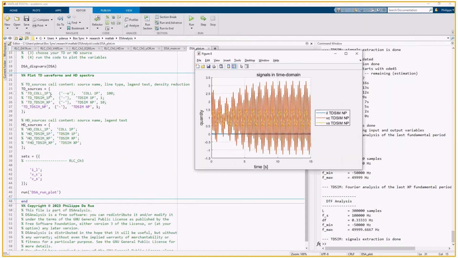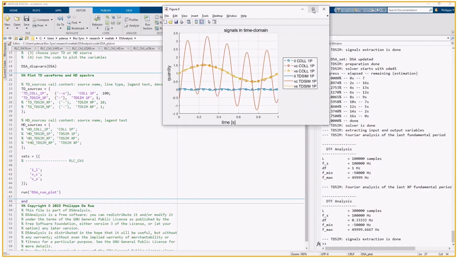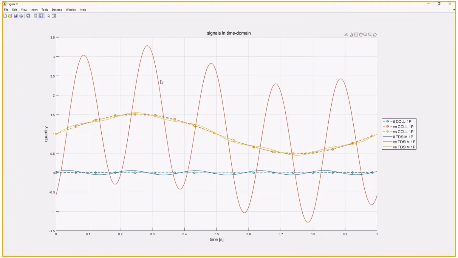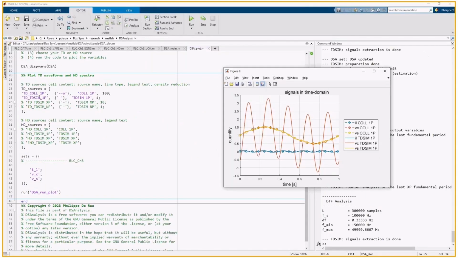Now, if I would like to compare with the results of the collocation method, I do that on the very last fundamental period. And clearly, they do not match. This is expected because although in the time domain simulation I have included a perturbation at the fifth harmonic, this is a perturbation that was not included when we last solved the collocation formulation.